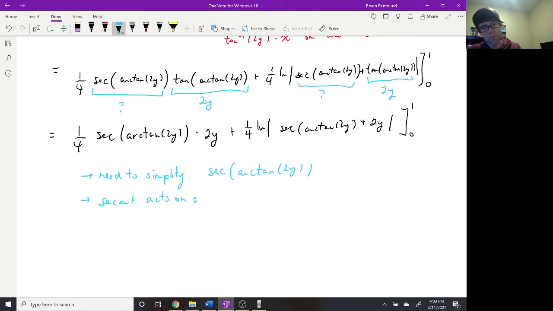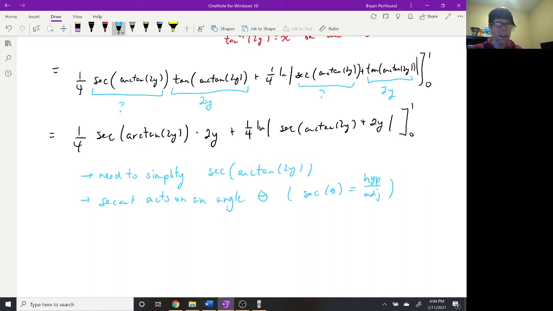In fact, secant of some angle is defined to be the ratio of the hypotenuse over the adjacent side, I believe, right? Because it has to deal with cosine. So secant acts on an angle theta, let's say, and we know that secant theta is equal to the hypotenuse over the adjacent side.